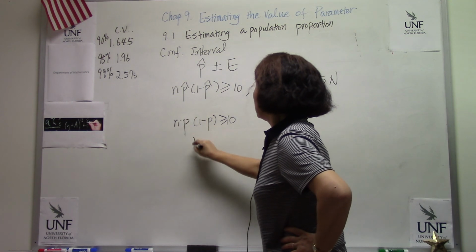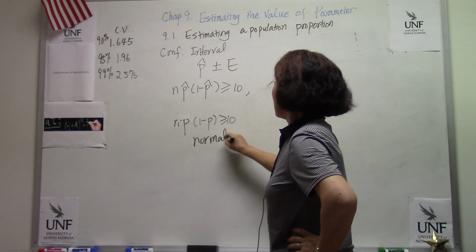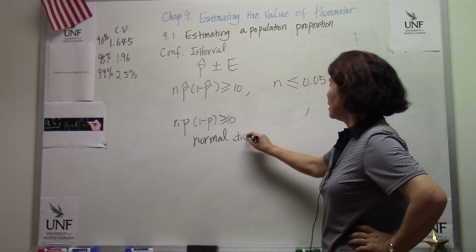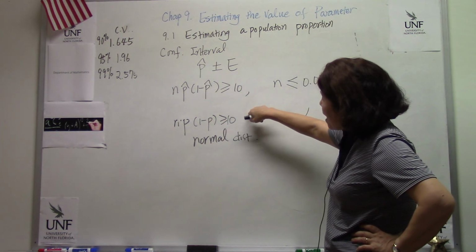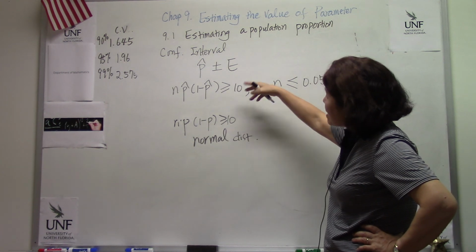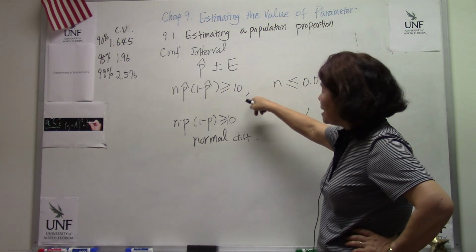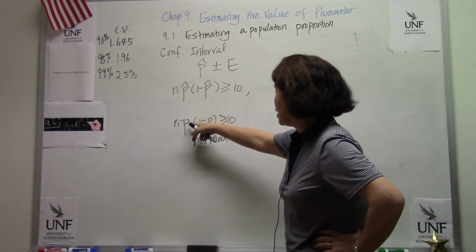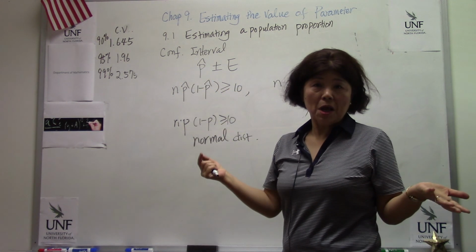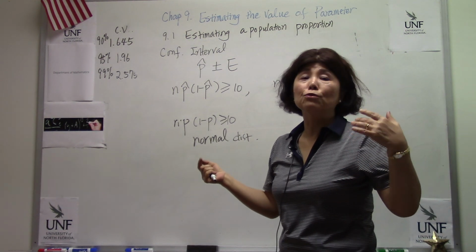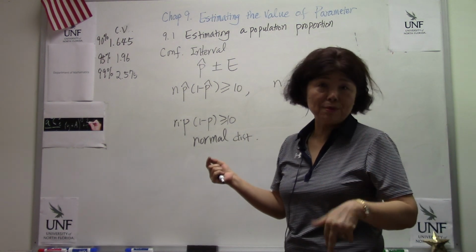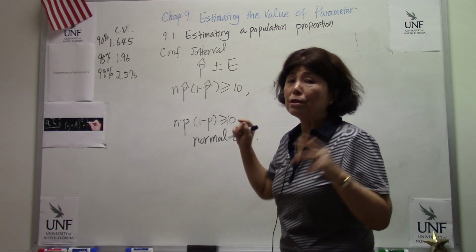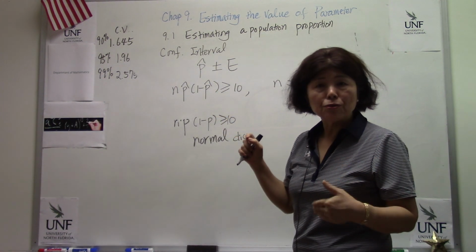In order to guarantee that this is a normal distribution, we are going to require that again. Why do we change to p hat? Because p is unknown, okay? That is why we are doing this in the first place. So p is unknown, that's why everywhere we use p, it will be switched to p hat.